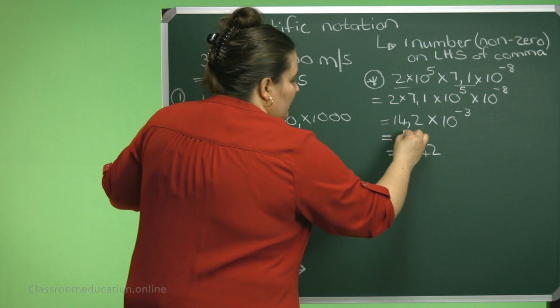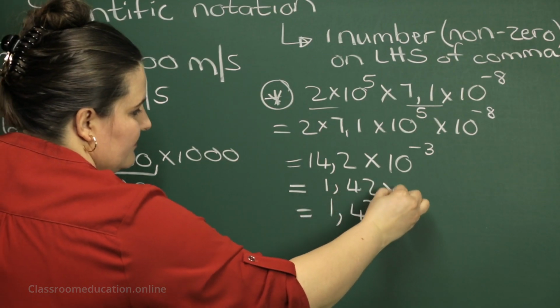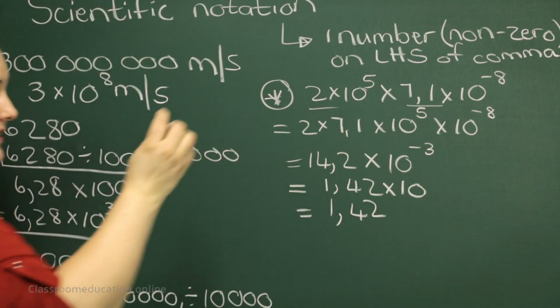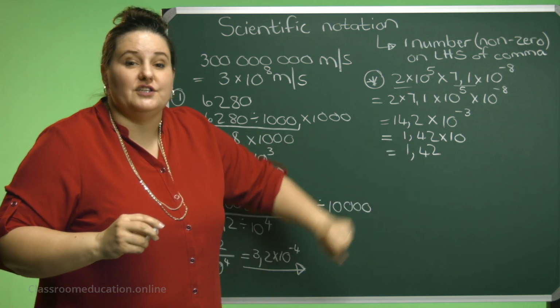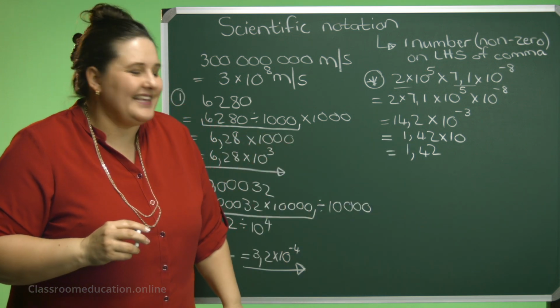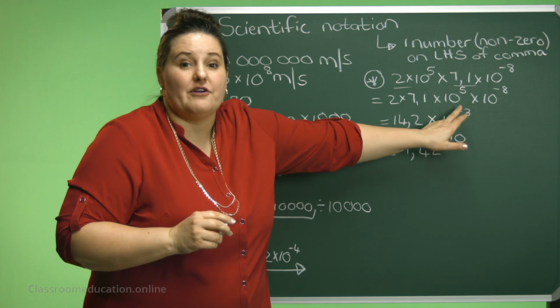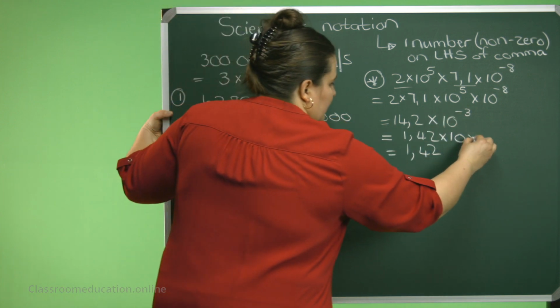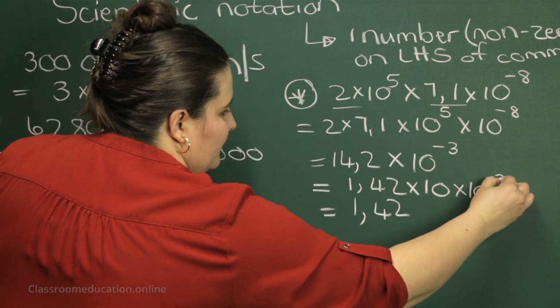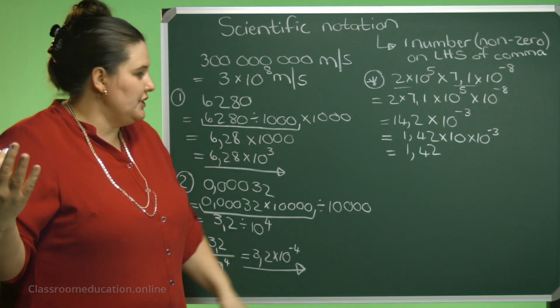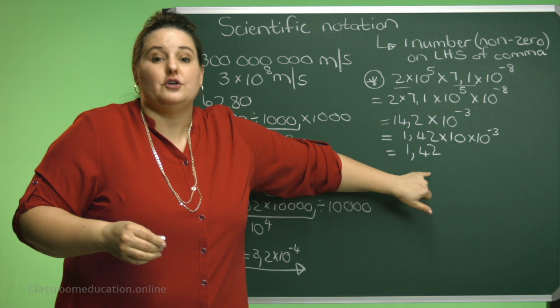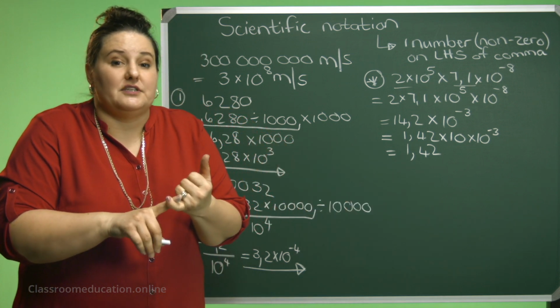So if I multiply by 10, there, I will still have 14,2. Do you agree? Yes. And now there's still multiplication by 10 to the power of -3. And what do I have? 1,42. That's what I would like for scientific notation.